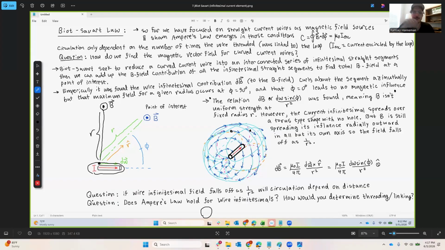Wow, that looks cool. But this is all experiment. They call Biot-Savart almost like an axiom of electricity and magnetism, right? It's kind of this building block that you accept and move on from.